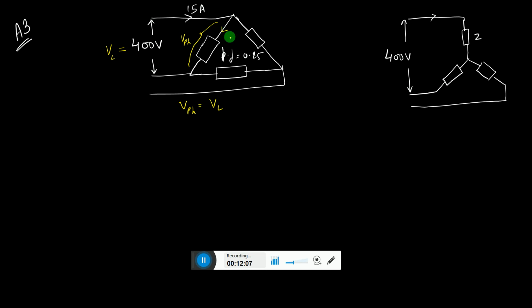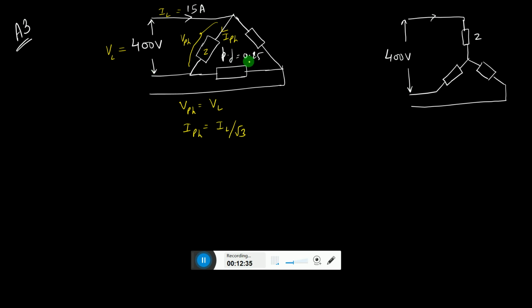But the phase current is not the same as the line current. The line current is the current coming from the line, and the phase current is therefore reduced by 1 by root 3 times. The power factor of the load is given to you as 0.85.